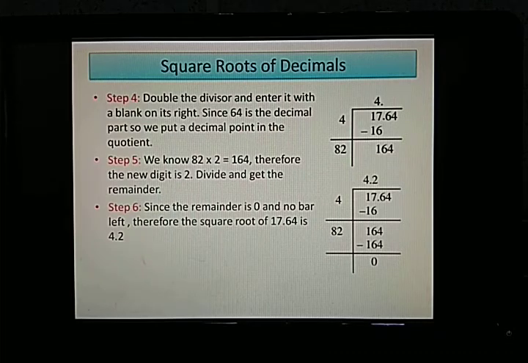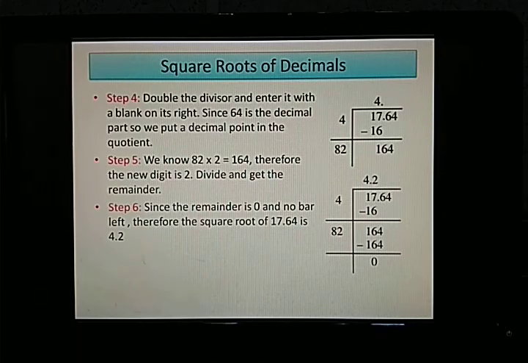Then we multiply it, and in the next step we double that number and place a blank on the right side, and there we have to put such a digit that, when multiplied, gives a number less than or equal to the current number.